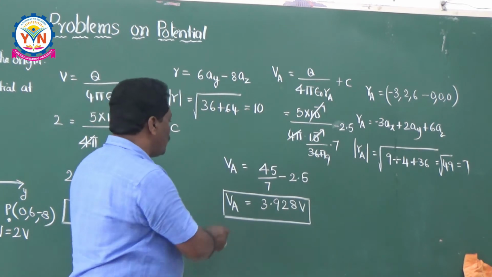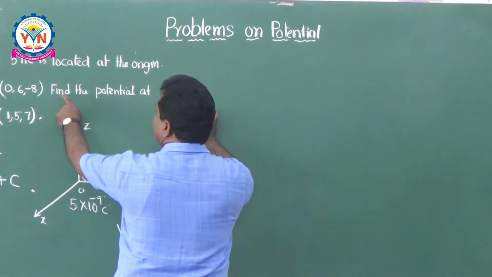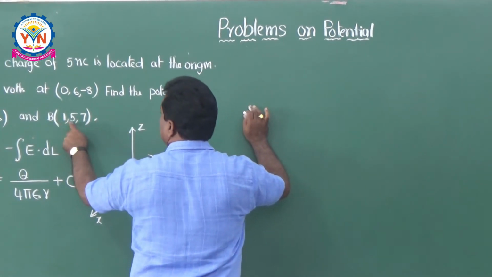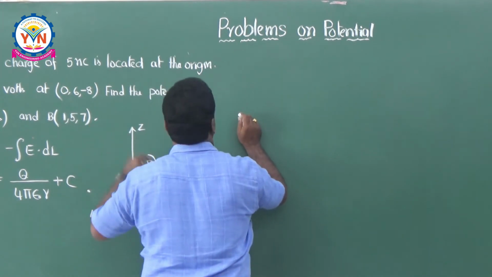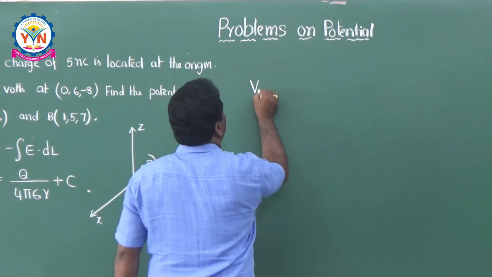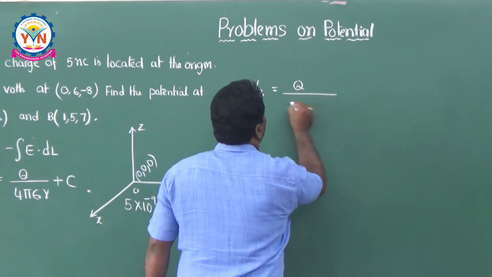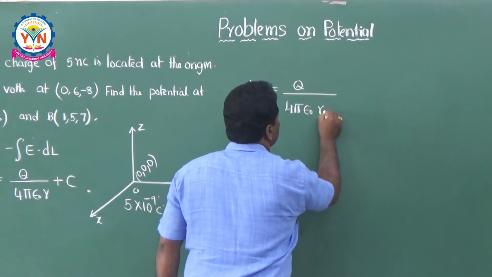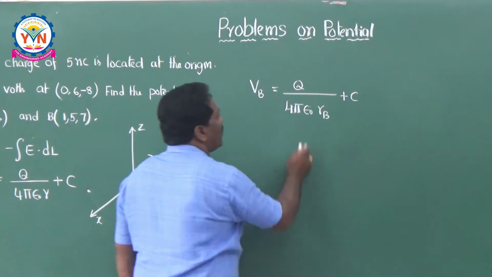Similarly, we can do the same for the potential at the point B also. We are going to calculate the potential at the other point B. The point B is given as (1, 5, 7). So the potential at the point B is equal to Q divided by 4 pi epsilon naught into RB, plus C. What is the distance here?